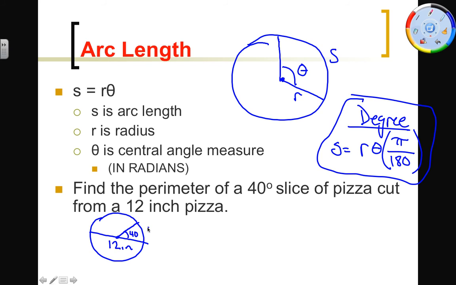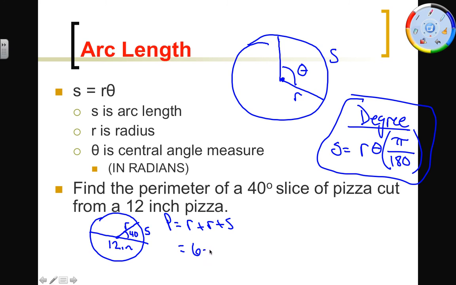Well, you need to know how long the crust is, which is S, and basically you're going to need to know R. Well, R is easy because it's just half the diameter. All right, so that means the perimeter is equal to R plus S.